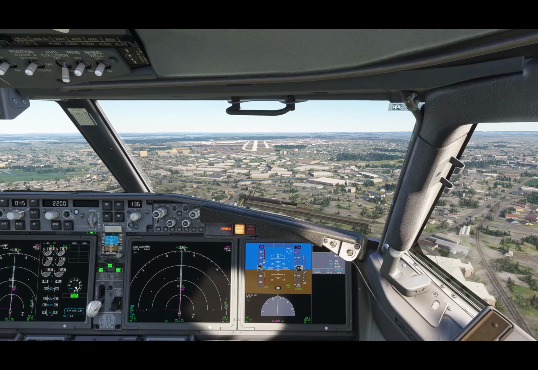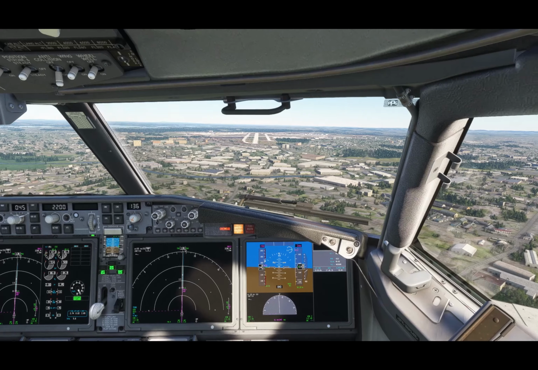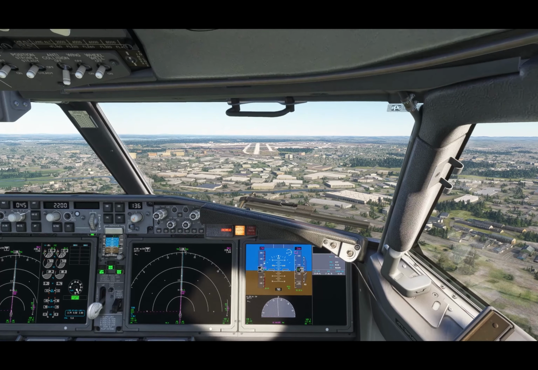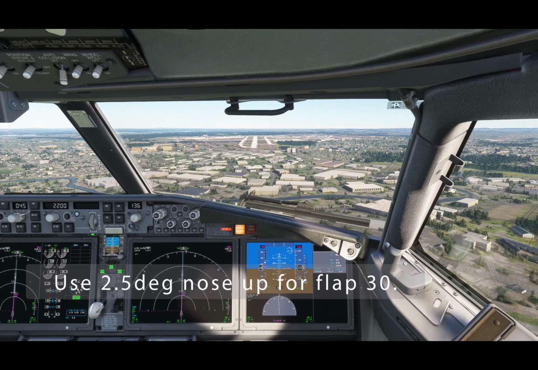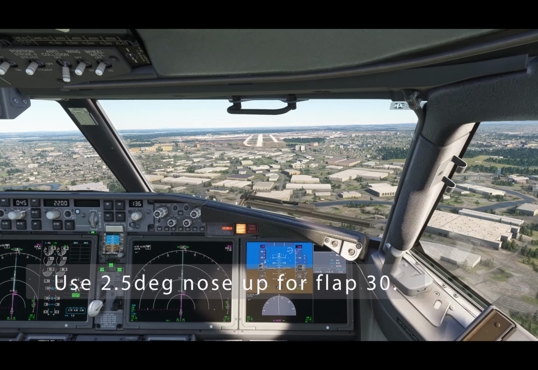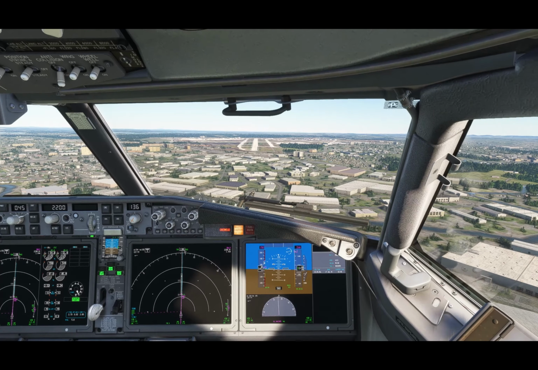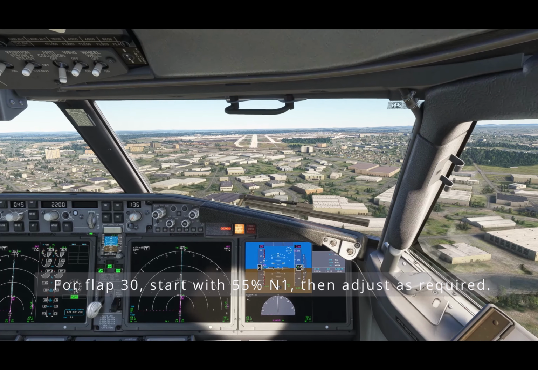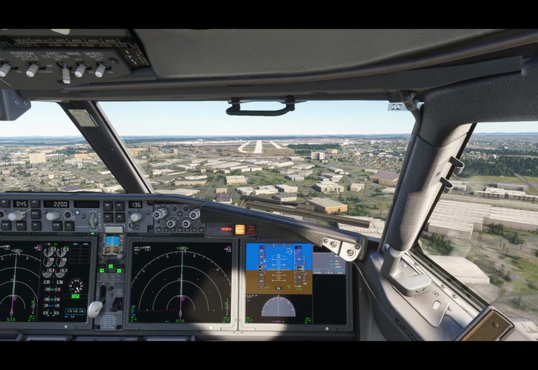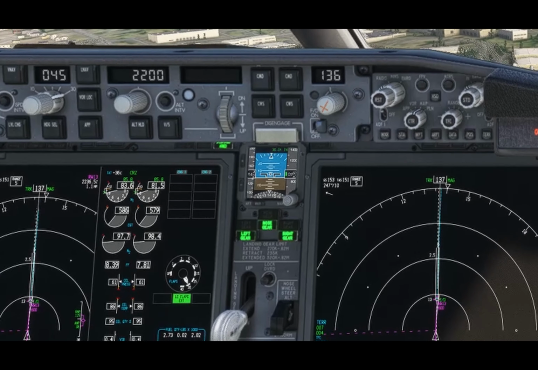As I'm going down here, I'm coming in, coming in, coming in now. Here's another thing: you want to use about 2.5 degrees nose up for a flaps 30 landing, and for flaps 30 you want to use 55 percent N1 initially, and then adjust. Notice how I'm always coming back to 55, 55ish.